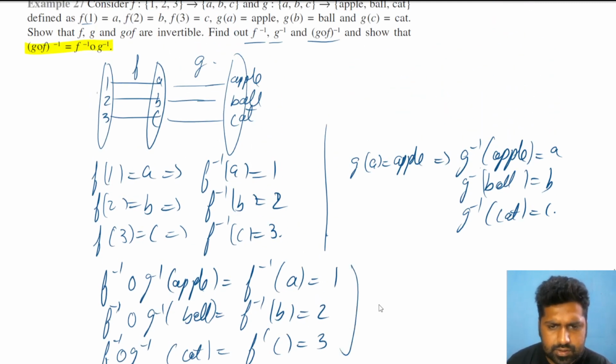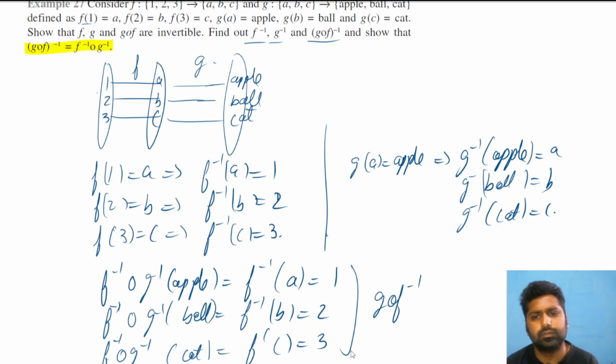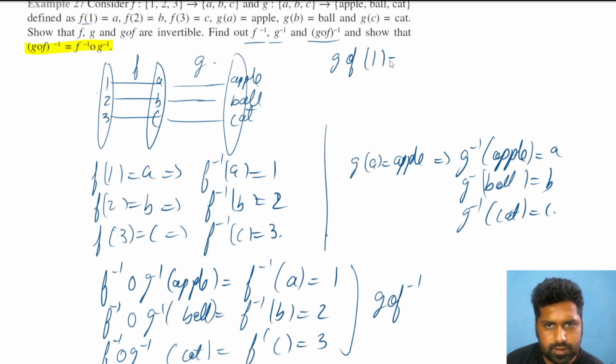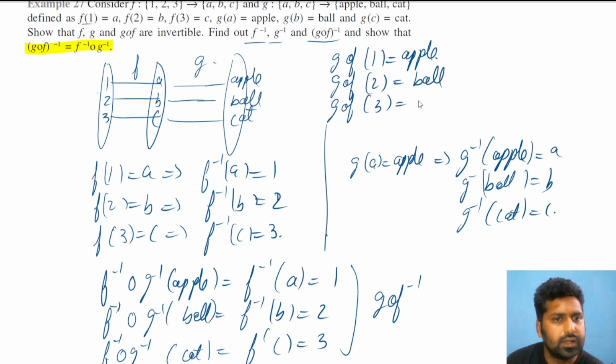Isn't this your (g∘f) inverse? This was g∘f, right? What is this? I'll say that g of f of 1 is apple, g of f of 2 is ball, g of f of 3 is cat.